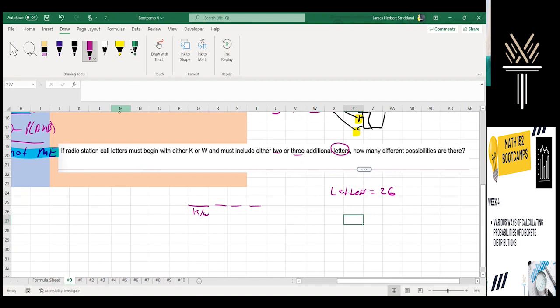So when we think about it, for the first spot here, how many choices are there? How many letters can we choose from? Just K or W, just 2. The next one has to be any additional letter. It doesn't mention that it can't include K or W, so we are assuming all letters are possible. So there's 26 possibilities.